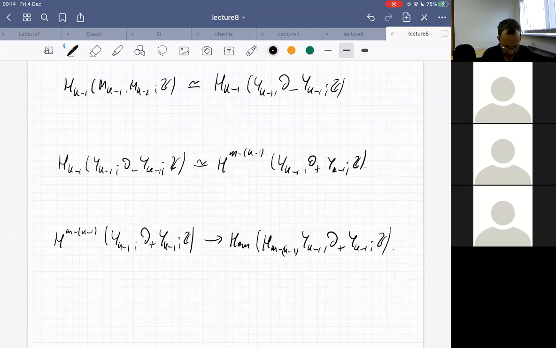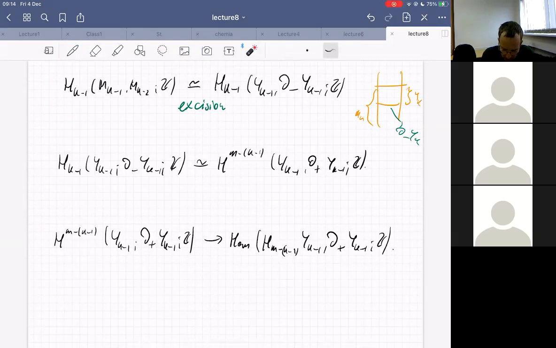So recall that yk, we had mk, and this was yk. And the notation was that this is the lower boundary. So again, the excision homomorphism, this is excision, tells you that the relative homology group of this guy modulo that guy is the same as the homology group of that guy modulo this guy, because you cut out everything that is below the level set k minus half.